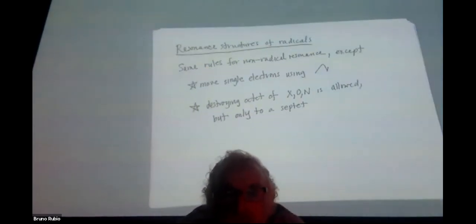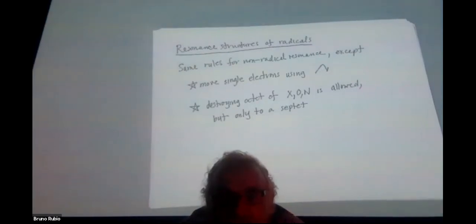So remember that when radicals are forming, you're adding heat and you're adding light, right? You're adding the energy that is required to make these highly electronegative atoms accept not having an octet. But you can't degrade the octet of these atoms any further than a septet.